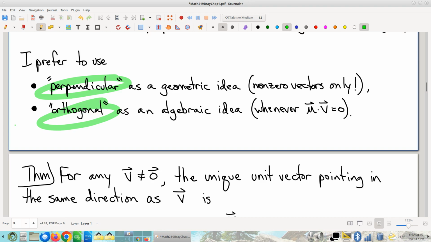Now, that said, I will confess, I was not brought up right on this point. I was brought up mathematically using the word orthogonal as kind of a $5 word for a 50-cent concept of perpendicularity. Right, fancy talk for perpendicular. And so I make mistakes on this, more than I wish I did.